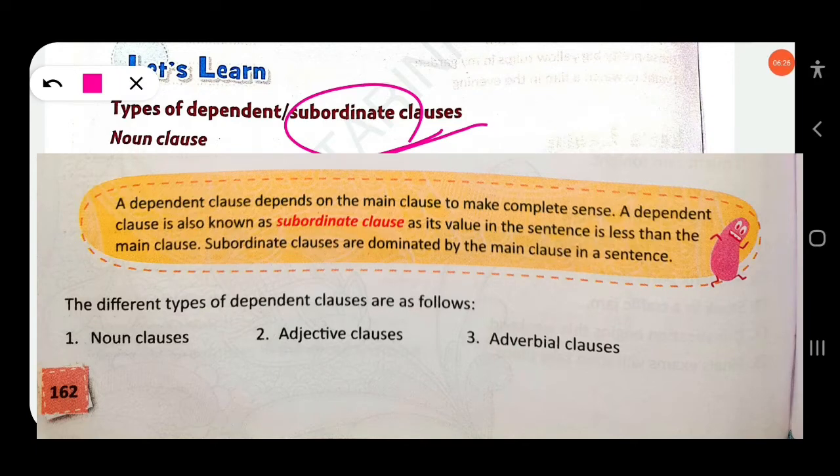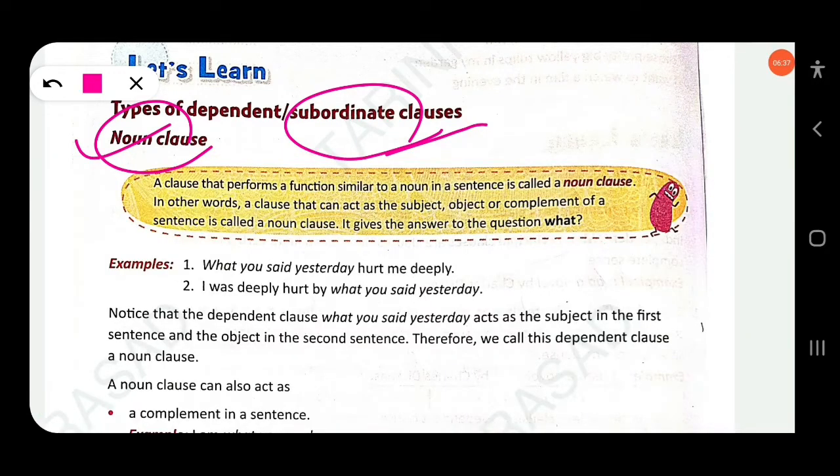There are different types of dependent clauses. The first one is the noun clause. A clause that performs a function similar to a noun in a sentence is called a noun clause. It can act as the subject, object, or complement of the verb, or object of the preposition in a sentence. How do we identify a noun clause?